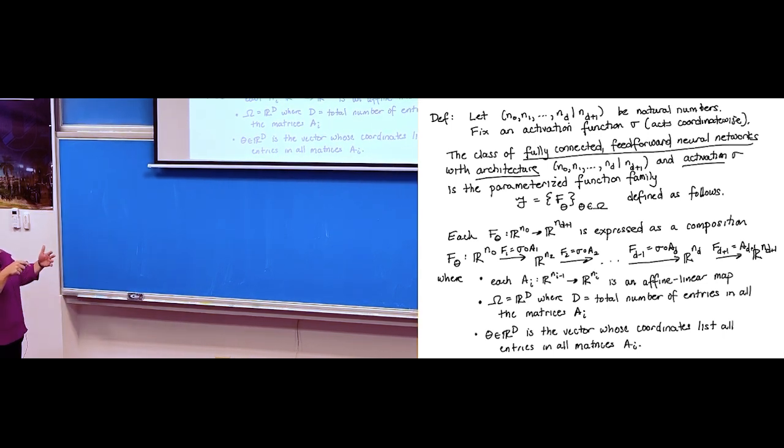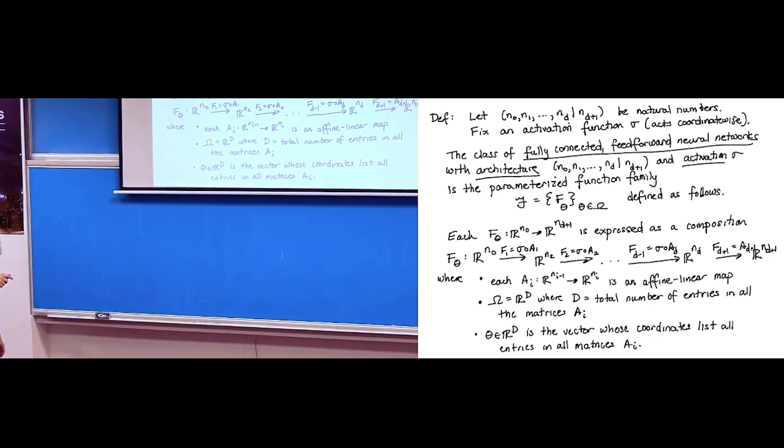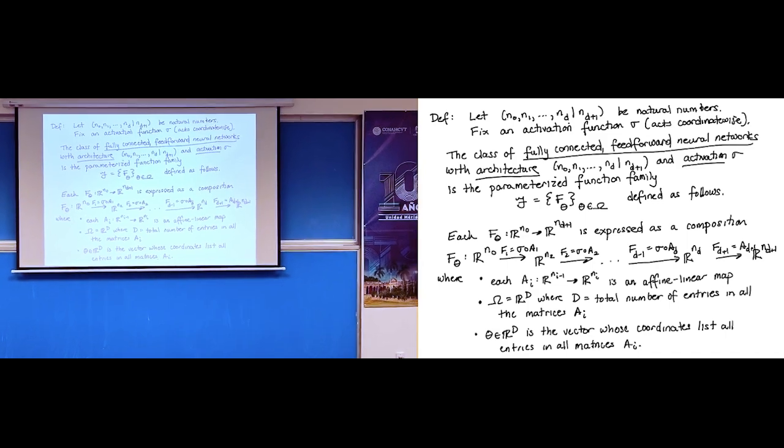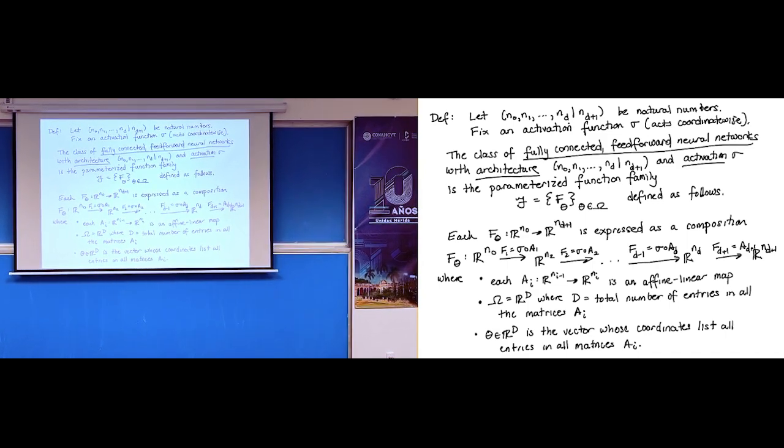And then, because linear maps can't do that much, you need to introduce a little bit of nonlinearity. So the point is, these are really, really simple. And you just combine together a lot of them. So in this case, our parameter space omega is R to the capital D, where D is just the total number of entries in all of the matrices.